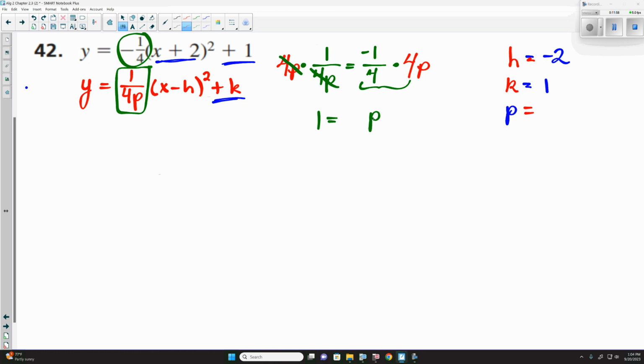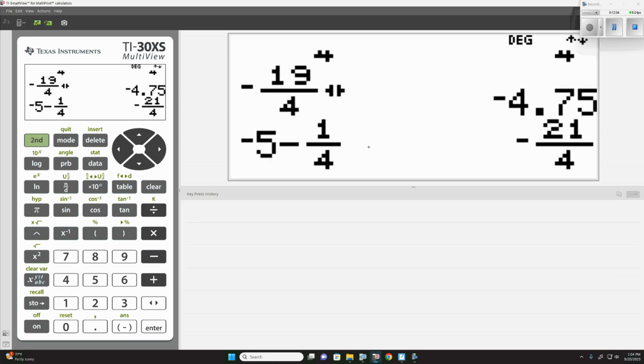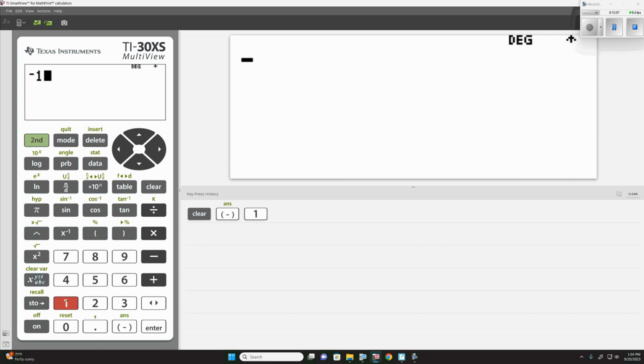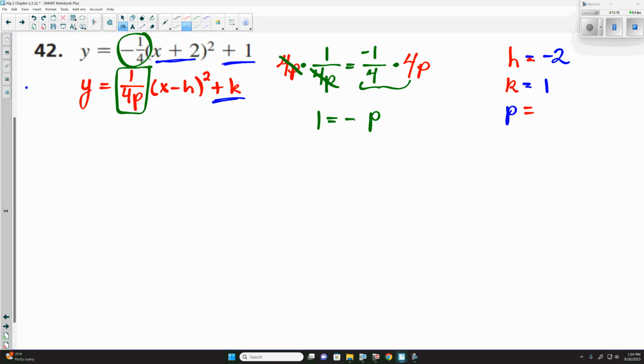So we'll have our -1/4 times 4. Now we could do this in a calculator. -1/4 times 4, which tells us it is -1. So we could say that we have -1 times p, but this is also the same as -p.